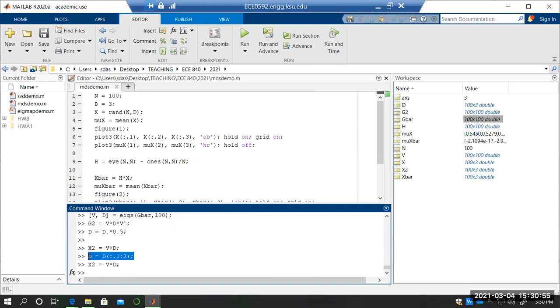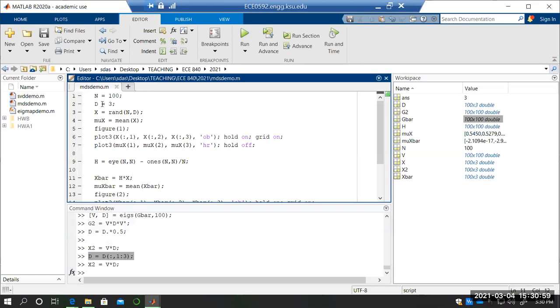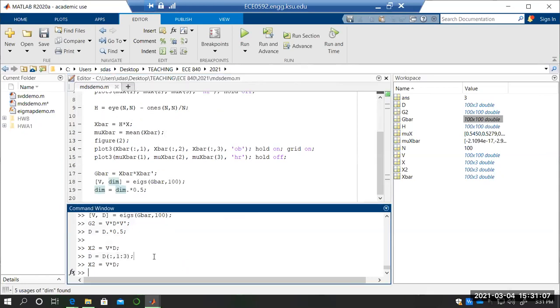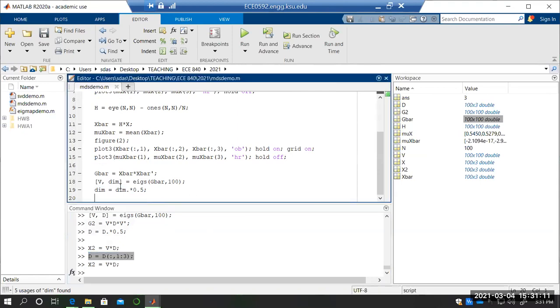In general, 1, 2, 3. Well, this D was, let's call it dim. So dim equals 3, and so this is D equals, no, this is D. Let's call it S or lambda.